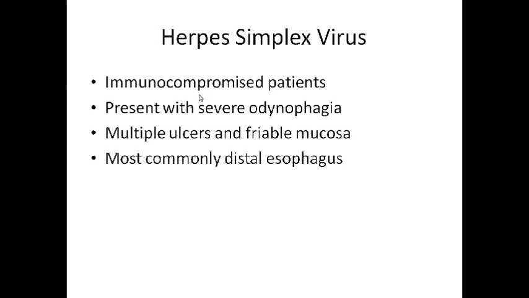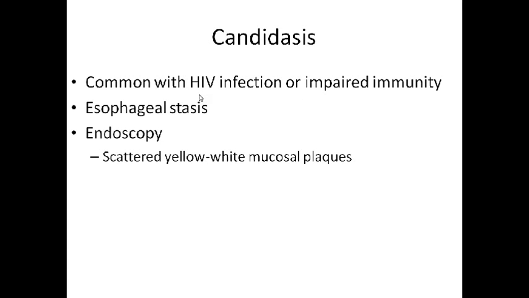Most commonly the distal esophagus with this. Candidiasis, we already talked a little bit about this. Again, very common with HIV patients, impaired immunity. Sometimes the people taking chemotherapy may have infections with candidiasis in the esophagus. Sometimes with motility problems, with lack of peristalsis, they may make it a harbor of overgrowth of candidiasis.